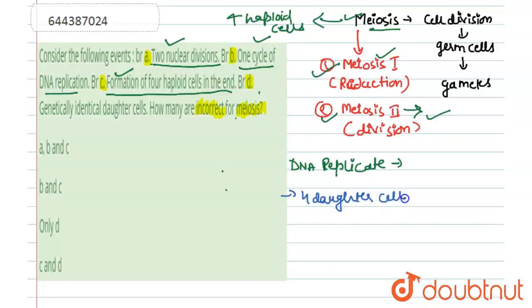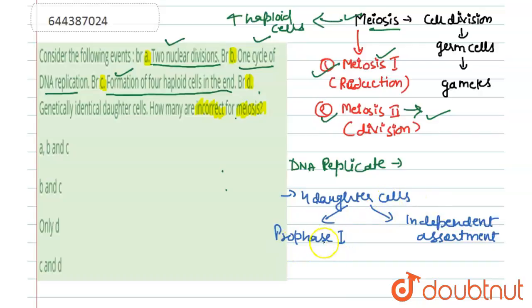First let me understand what independent assortment is.